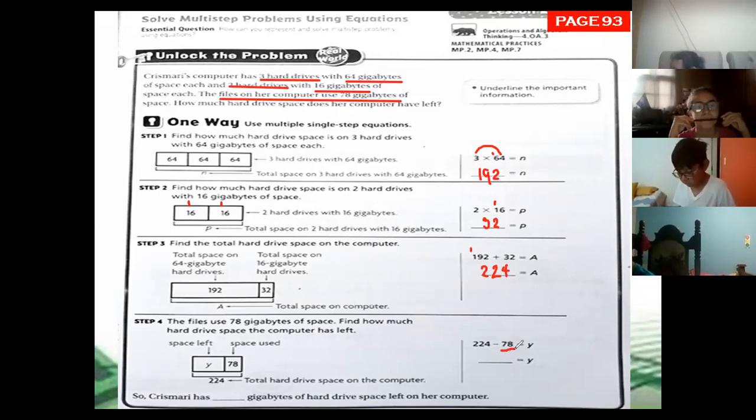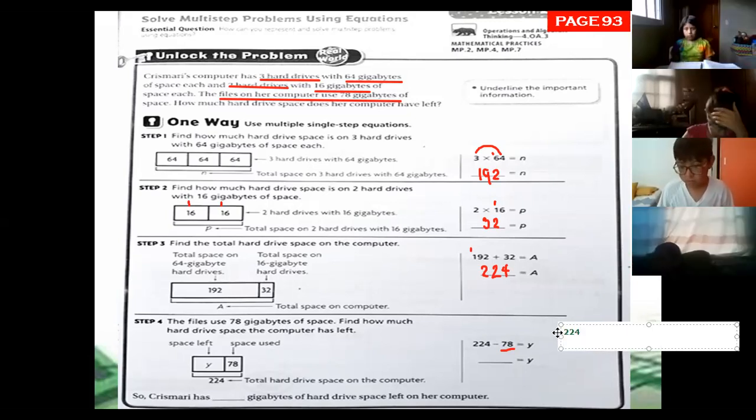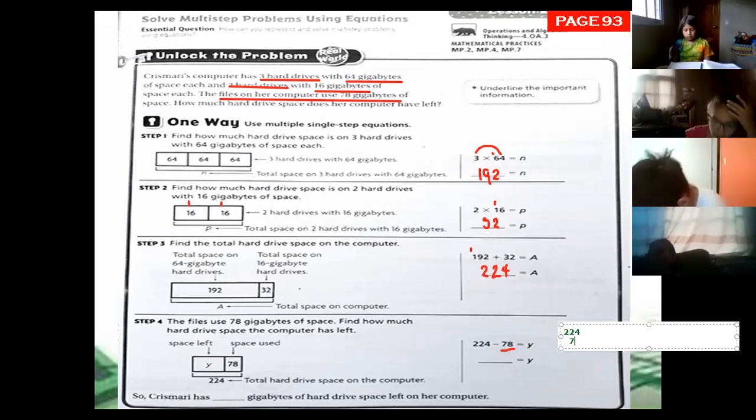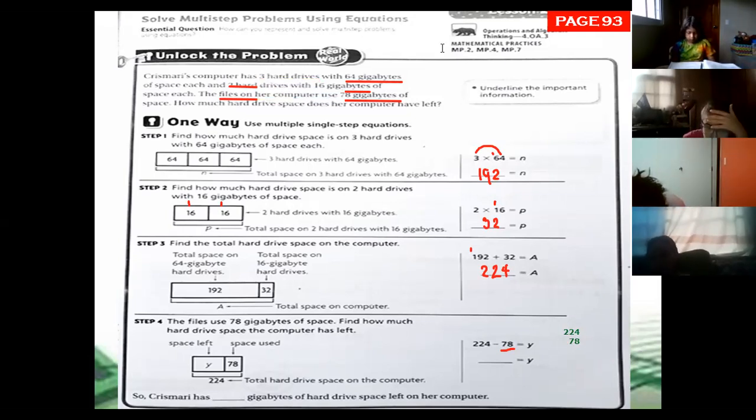So let's try to make this subtraction. If I have 224 minus 78, right? Can I subtract 8 from 4? No. What do I have to do? I regroup.